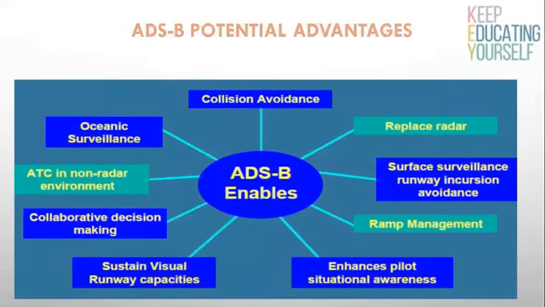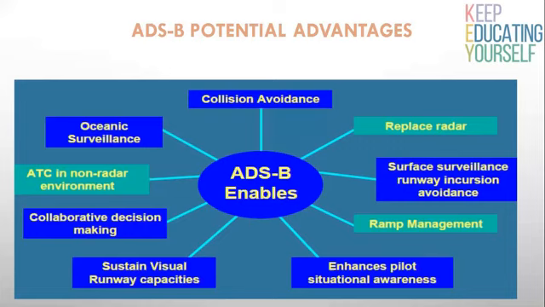ADS-B supported applications. The ADS-B data link supports a number of airborne and ground applications. First is Cockpit Display of Traffic Information, CDTI. It is a generic display that provides the flight crew with surveillance information about other aircraft, including their position and traffic information.